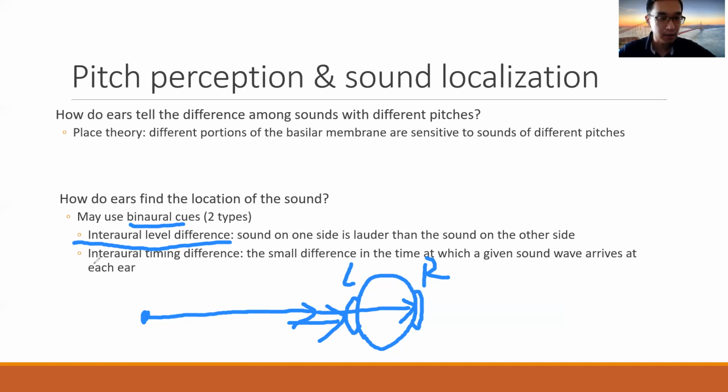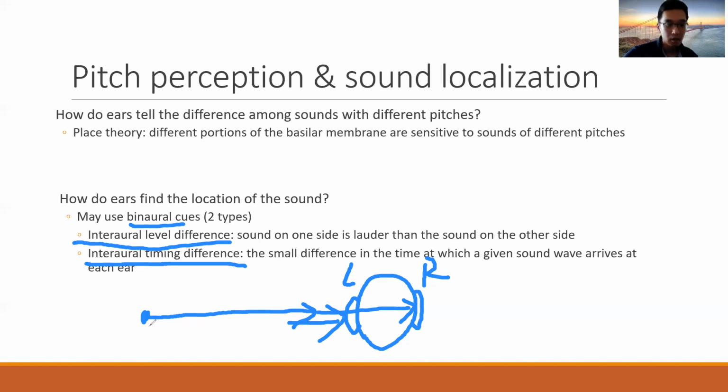Another kind of cue is called interaural timing difference. It's not the loudness difference, it's the timing difference, because there is a small difference in the time at which a given sound wave arrives at each ear, because the sound wave needs time to travel in the air.